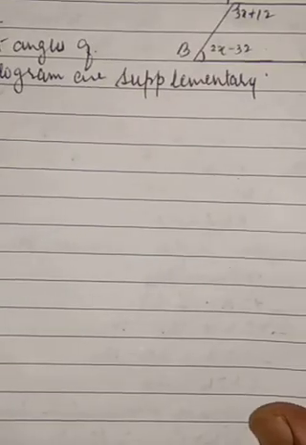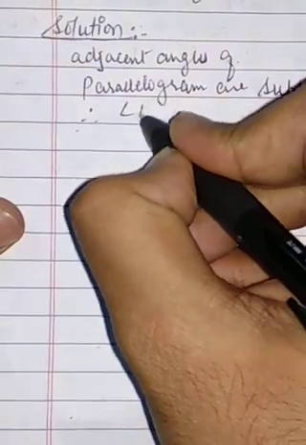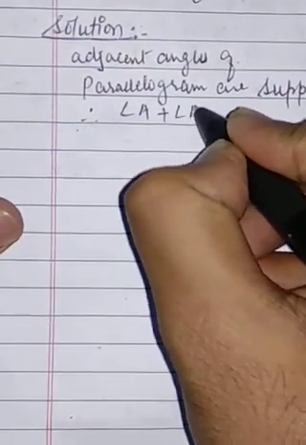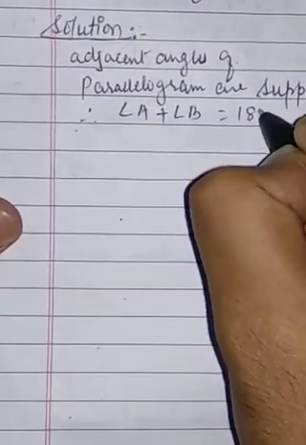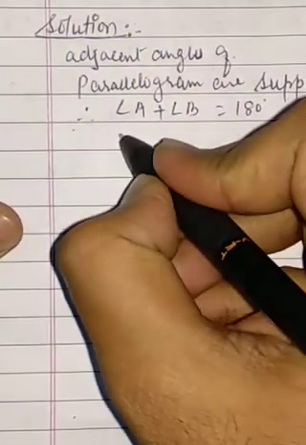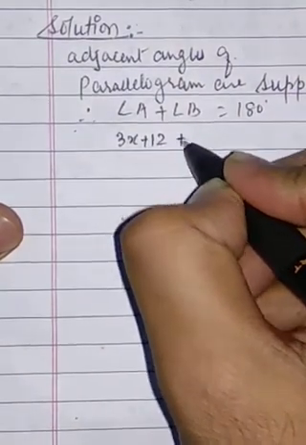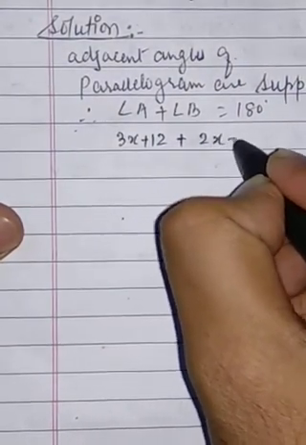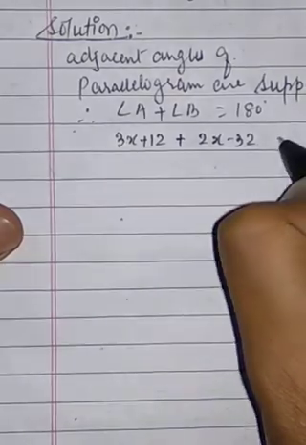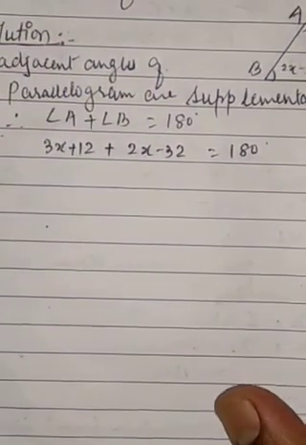Okay, that means angle A plus angle B is equal to 180 degree. What is angle A? 3x plus 12. Angle B is 2x minus 32. Okay, so sum of these two angles is 180 degree.